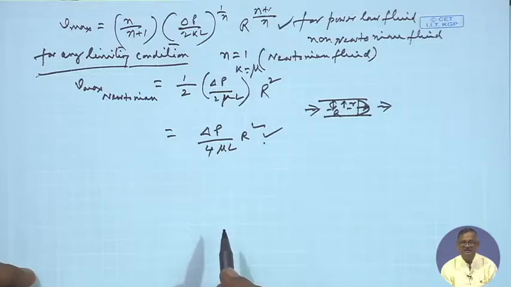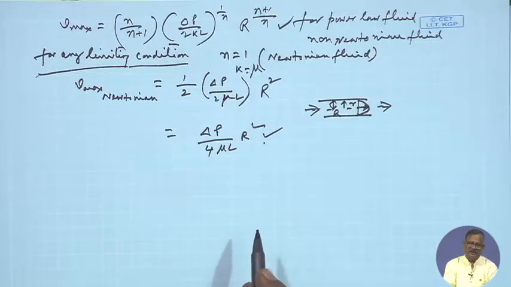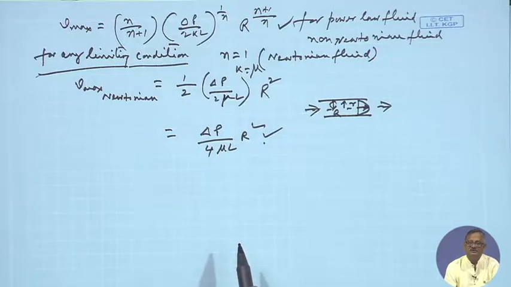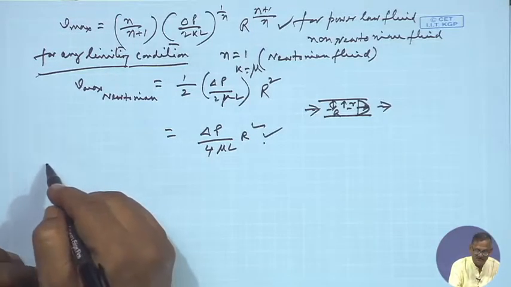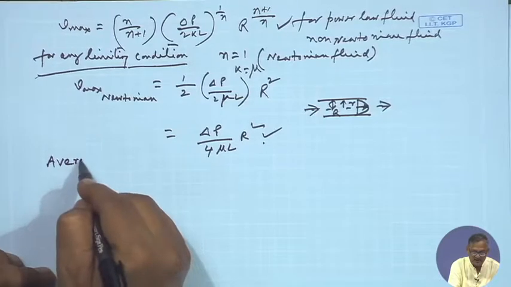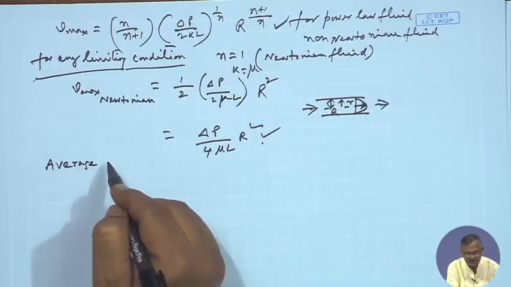Now, we look into when we have v, instantaneous velocity, at any point. So, we have also seen the maximum velocity that is at r is equal to 0. Now, next is, what is the average velocity?